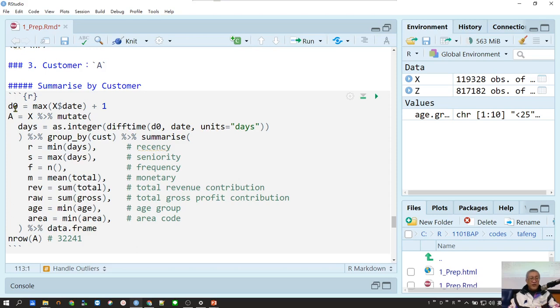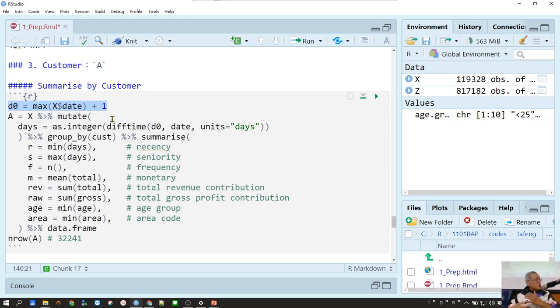Before doing that, I do this. Usually we would like to know what is the last time that this customer came to us. We want to know how long he has not come to us. This is what we mean by recency. Because the longer the customer does not come back, the less likely that he will come back again, isn't it?